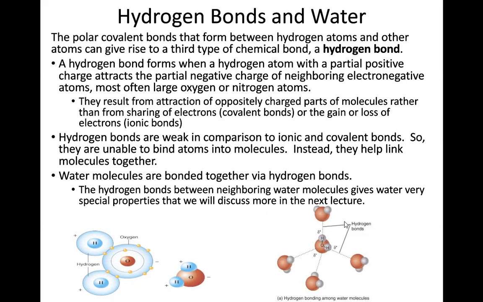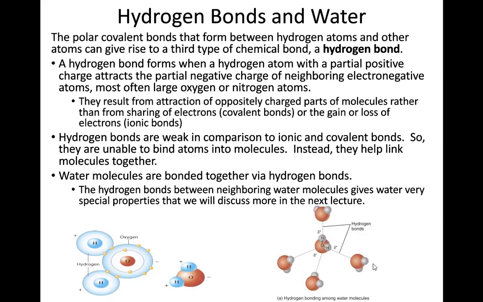Okay. If we look at this illustration, each of these things that looks like Mickey Mouse is a water molecule. The big red blob in there is the oxygen, which we just learned is partially negative charged. Each of the little gray ones is partially positive charged.